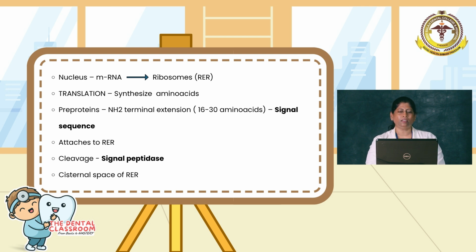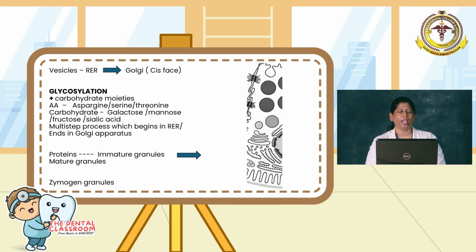The vesicles from the rough endoplasmic reticulum then enter the Golgi apparatus. You are well aware that the Golgi apparatus has a cis face and a trans face, the cis face also referred to as the convex face, and the trans face referred to as the concave face. In the Golgi apparatus, a very important process takes place which is referred to as glycosylation, which is nothing but addition of carbohydrate moieties.